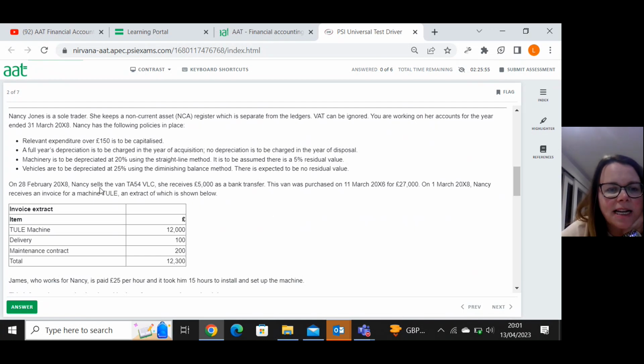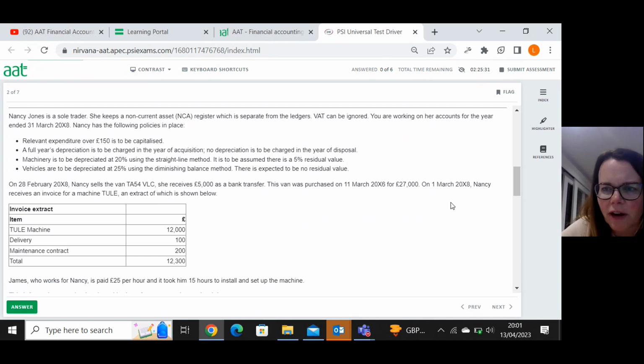So on 28th of February, Nancy sells the van. She receives £5,000 as a bank transfer. The van was purchased on the 11th of March X6. And on the 1st of March X8, she receives an invoice for a machine, an extract which is shown below.